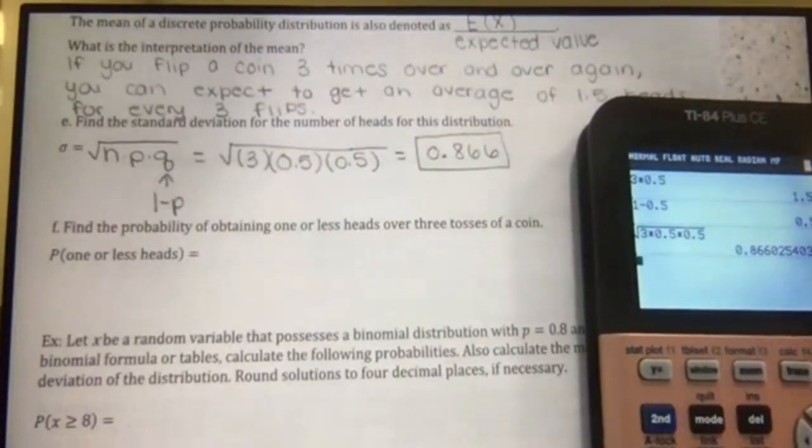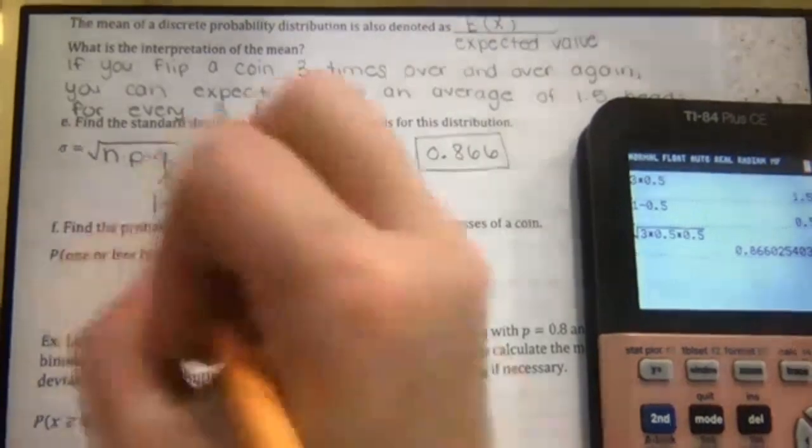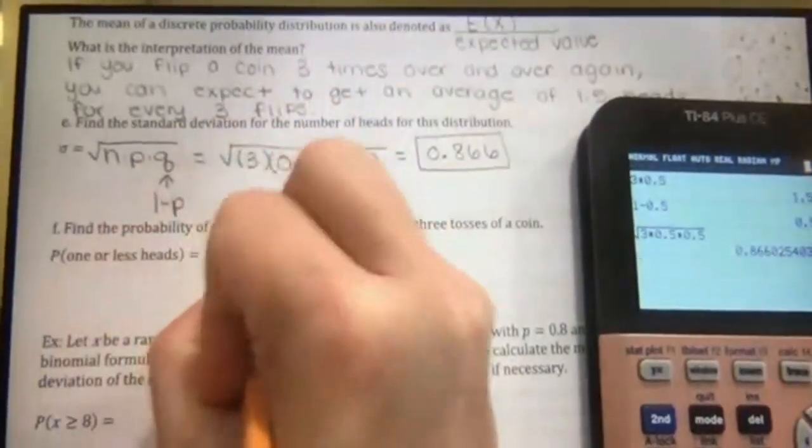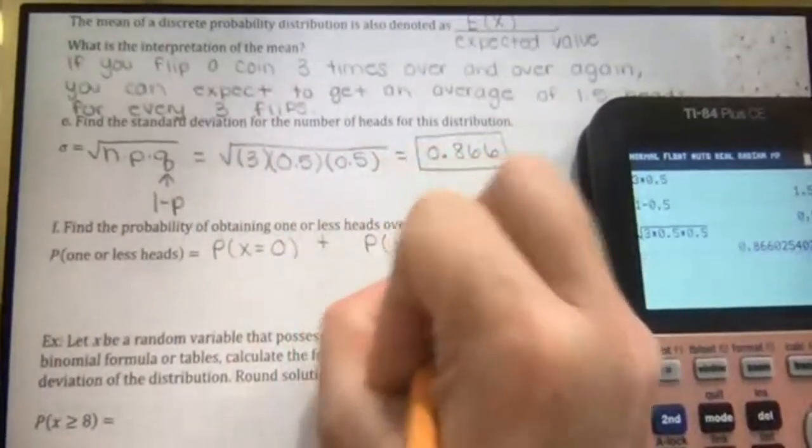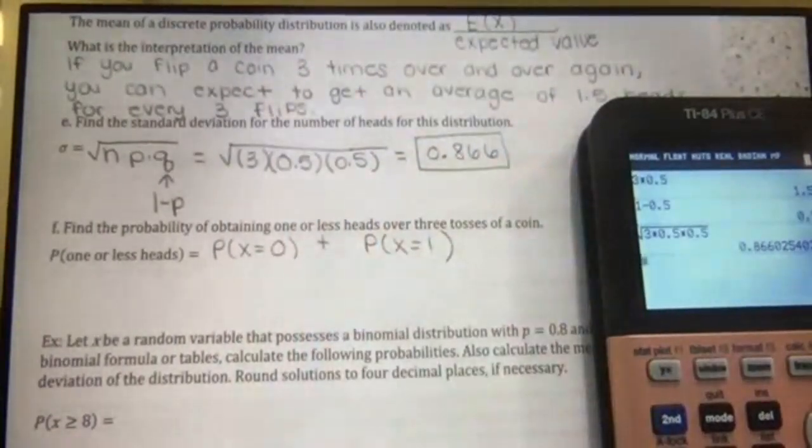Finally, here's the last one. Find the probability of obtaining 1 or less heads over the 3 tosses of a coin. So 1 or less means our probability of x being 0 plus the probability of x being 1. I'm going to use this table.